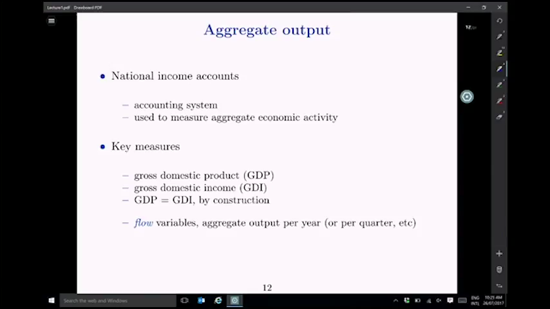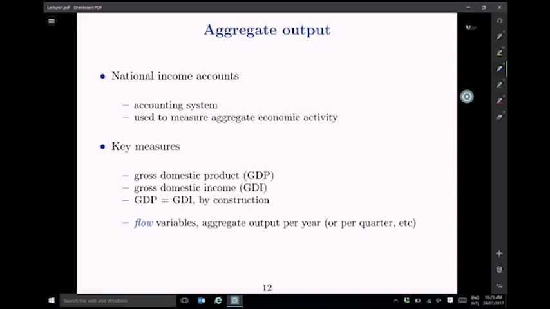First, aggregate output. Aggregate output is something to measure aggregate economic activity. It is generally measured in national income accounts. What are national income accounts? You should have heard about it in introductory macro, right? This is an accounting system that records an economy's production and income. We won't go into details of what these national income accounts look like.